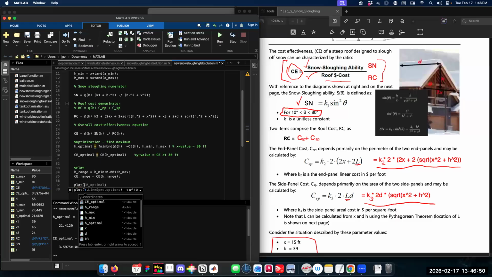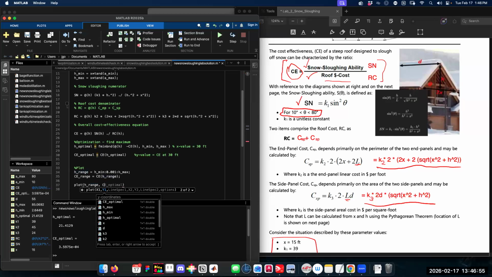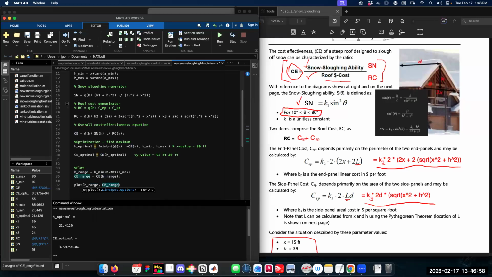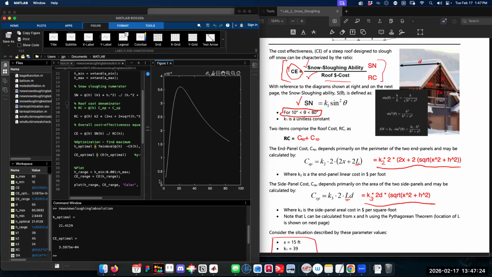So plot H range as the x values and then the y values will be CE range. CE range is doing the math for all of the x values that we have defined in our range. Okay, I'm gonna plot this. It should plot it as a white line. Yeah, there we go. And I'll start labeling stuff with it.